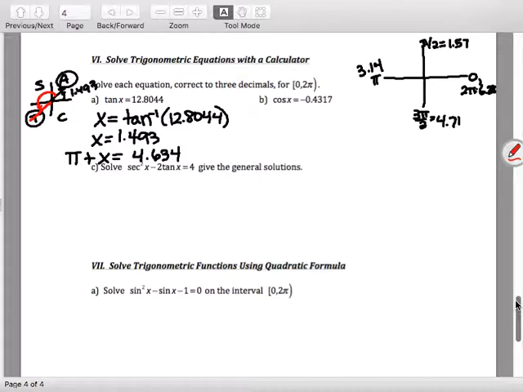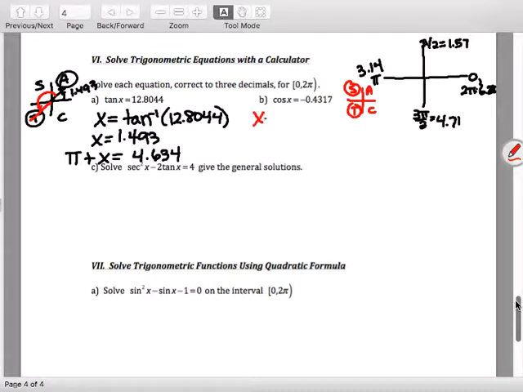So here we go. In letter B, let's stop and think a moment first. If I have cosine x is a negative value, and all students take calculus, in what 2 quadrants do I want my answers from 0 to 2 pi? Second and third, okay? That's in the second and third.